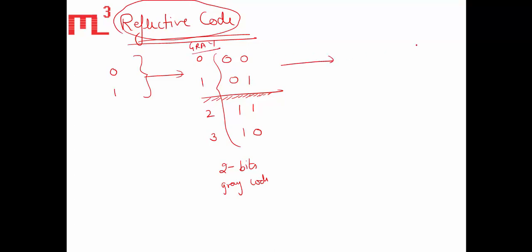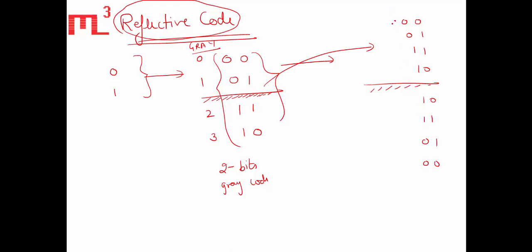Suppose you want to generate 3-bit gray code, then what will you do? You put all these four before the mirror: 0 0, 0 1, 1 1, 1 0, and then the mirror will reflect them: 1 0, 1 1, 0 1, 0 0. Now put 0 0 0 0 here and 1 1 1 1 here.